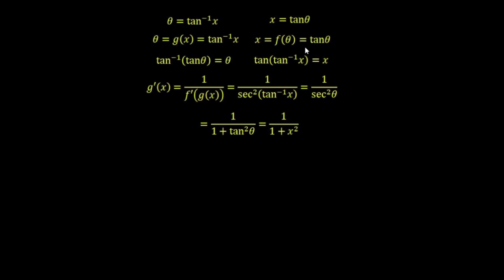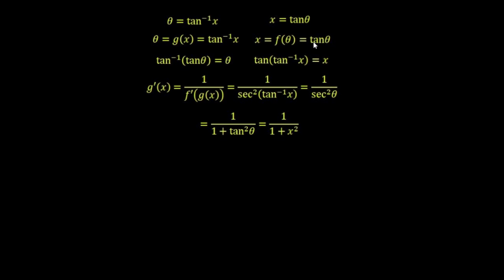Now, because we know they're inverses, then we can use this little formula here in order to generate the derivative of the arctan function, such that g derivative of x is equal to 1 upon f derivative of g of x. So the f derivative, well, that's going to be the derivative of our tan.